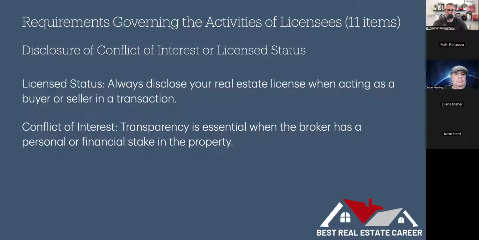Then we have this thing called disclosure of conflict of interest or of license status. Again, you have to make sure that if something happens with your license, your consumer has to be informed. So let's just talk about your managing broker. Let's say your managing broker's license gets suspended. Well, what does that mean?